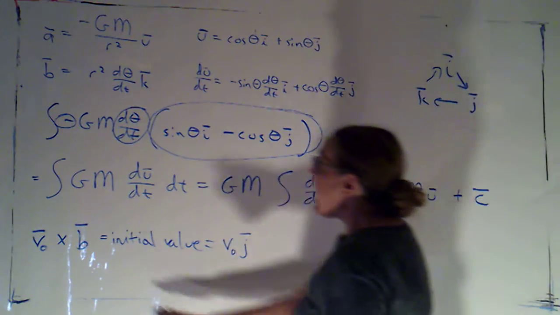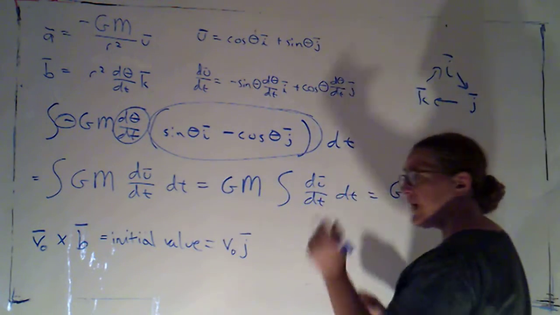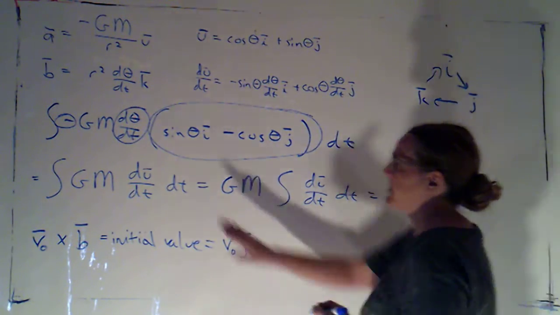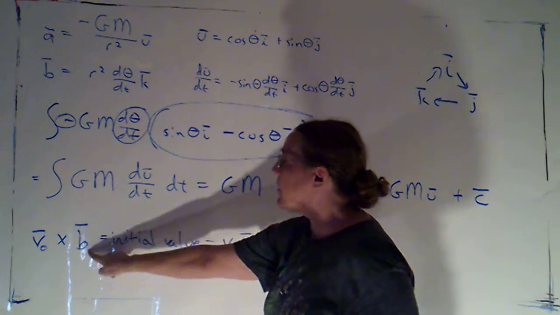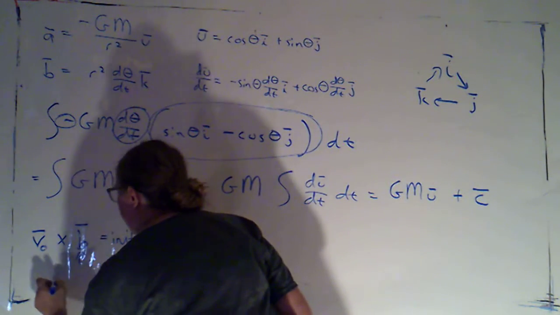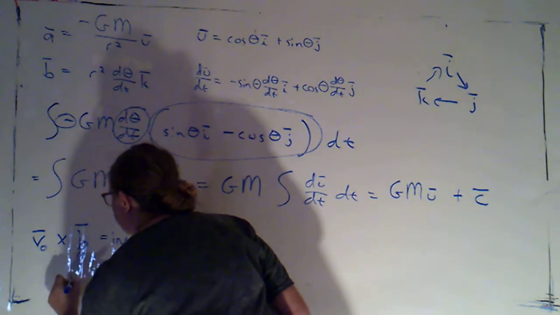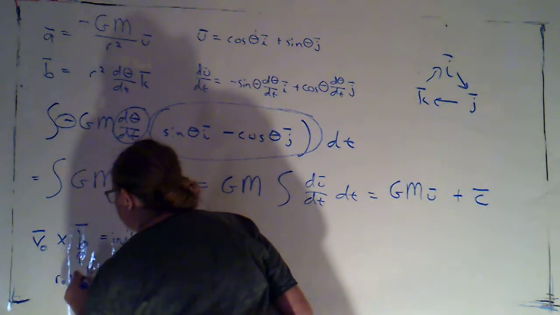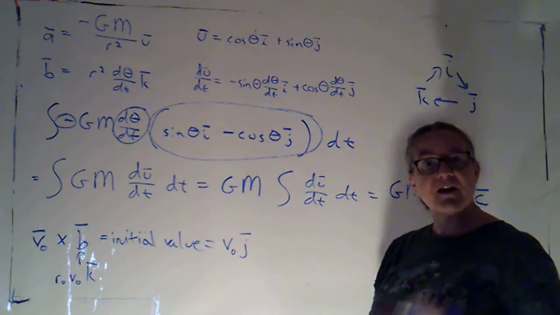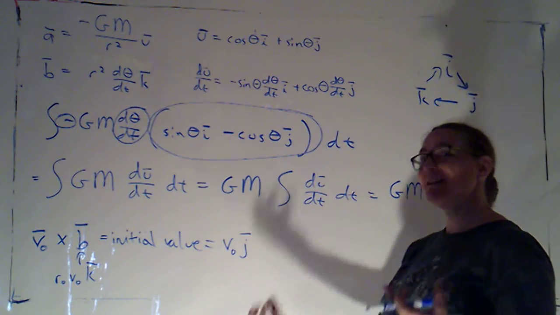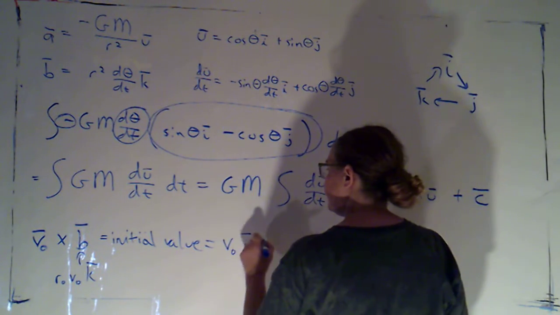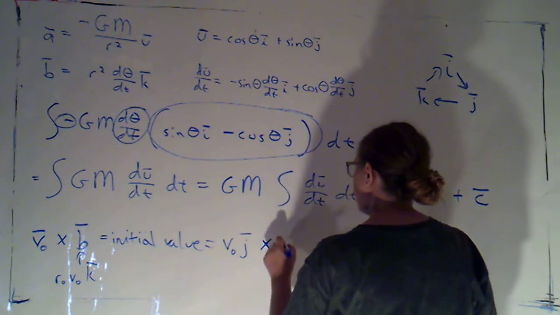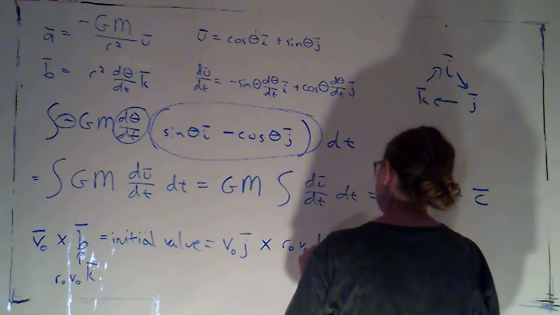Okay. And I know that b, we had a couple of characterizations of b. I've used this more complicated one here, but we also got this as r naught v naught times k, because we got that by just crossing the initial position with the initial velocity. So I can say this is v naught j crossed with r naught v naught k.